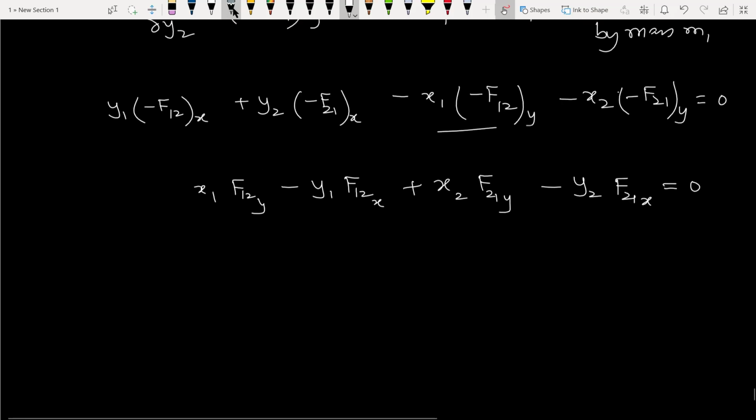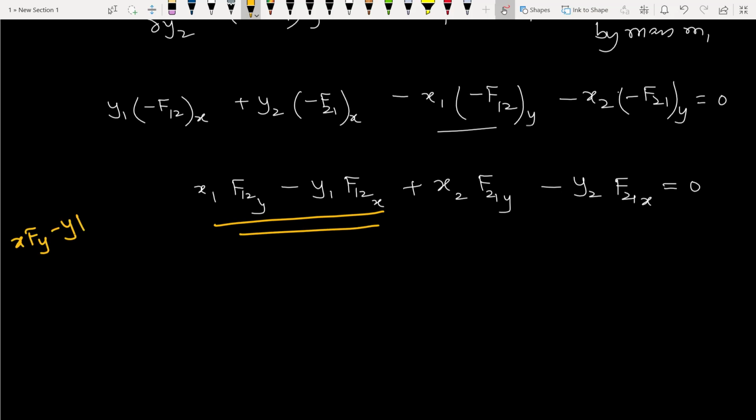If we look at this, it is x Fy minus y Fx, so it is the z component of torque. So using this, we get tau 12 z component plus tau 21 z component equal to 0, so tau 12 z component is minus tau 21 z component.